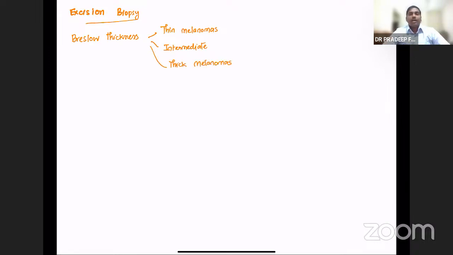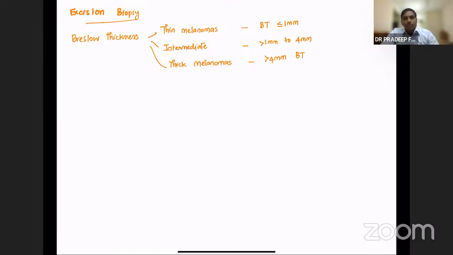We will read as it will help in the treatment guiding. The thin melanomas are melanomas with Breslow thickness less than or equal to 1 millimeter. Intermediate melanomas are more than 1 millimeter to 4 millimeters. Thick melanomas are more than 4 millimeters Breslow thickness.